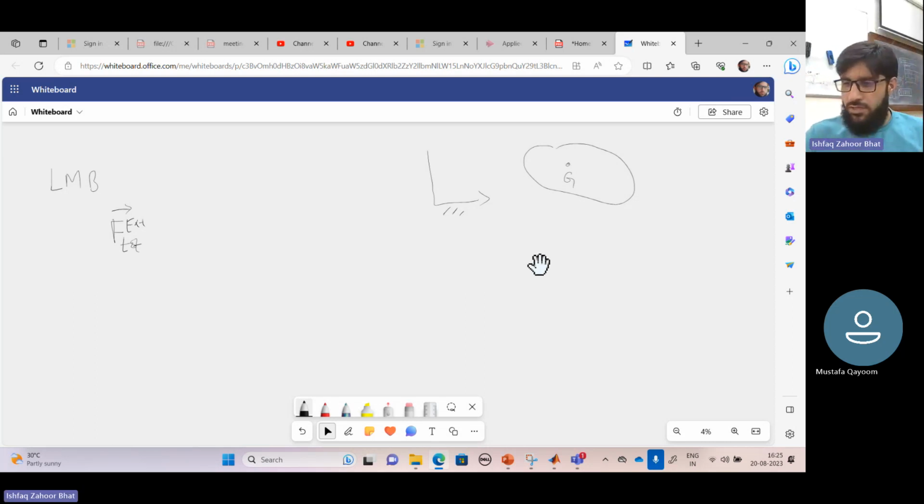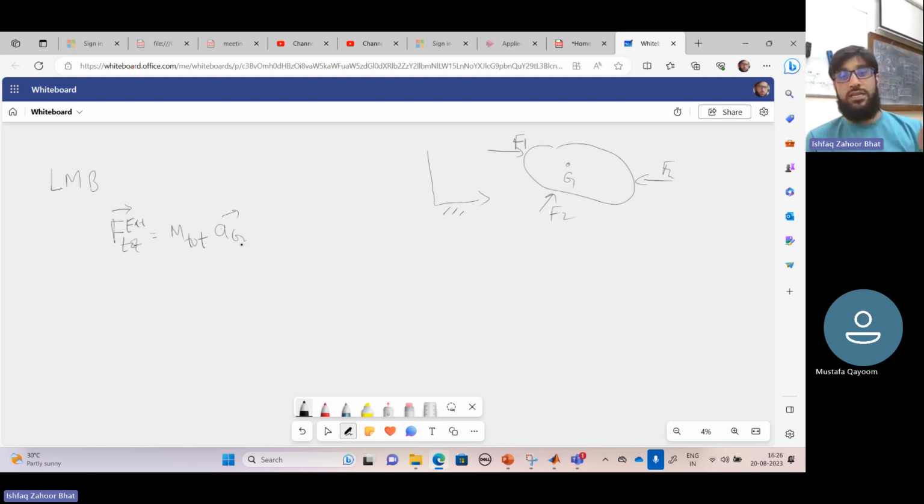Okay. So we know that if there are some forces F1, F2, Fn, then F total external, what is the net external force? That will be M total, that is the total mass of this body, times acceleration of G. And this gives us the dynamics for the center of mass.